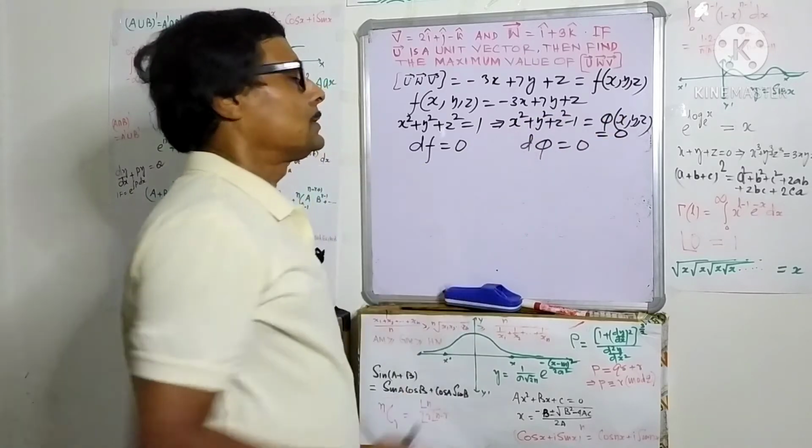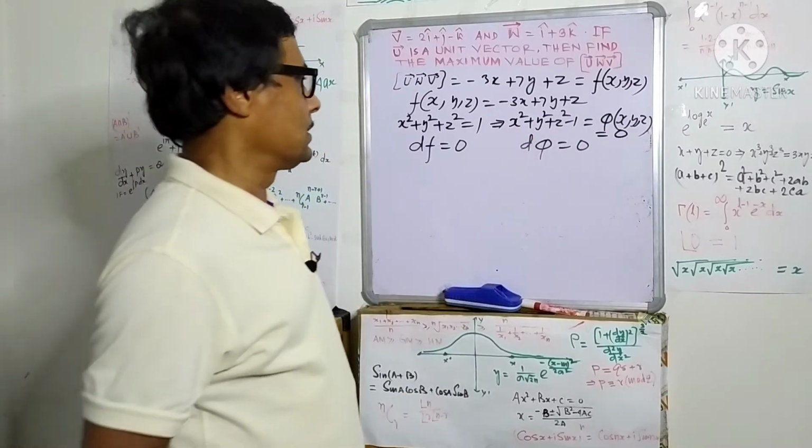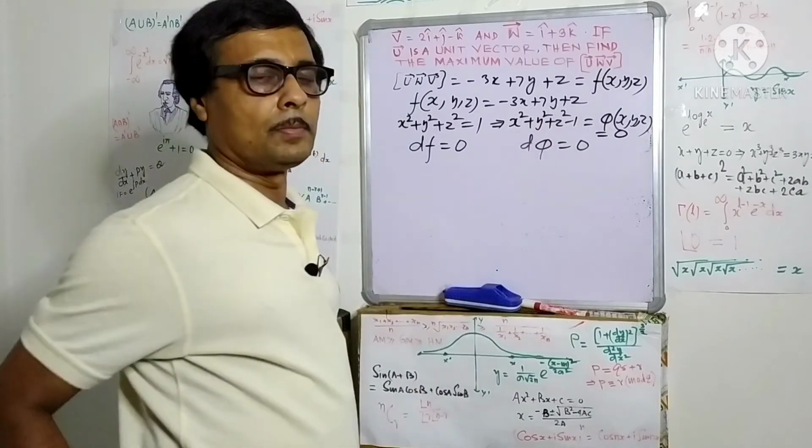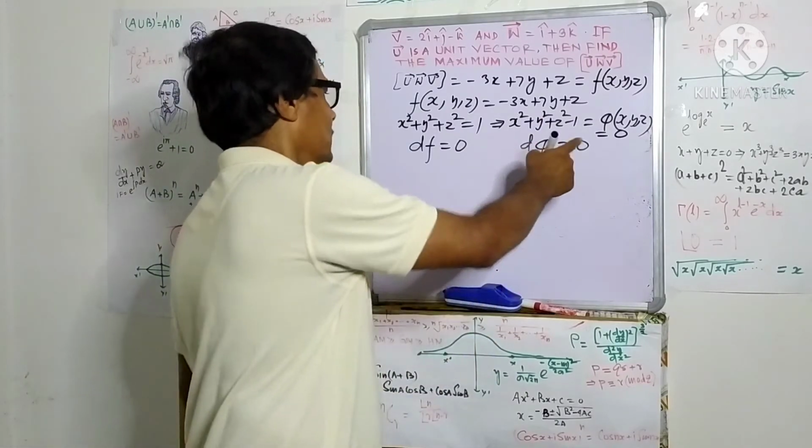This is a function phi(x, y, z), so its derivative is obviously 0. So d phi equals 0.